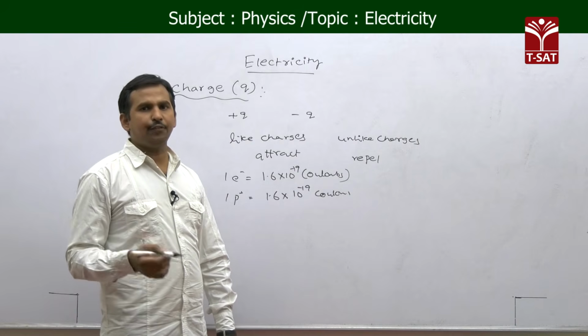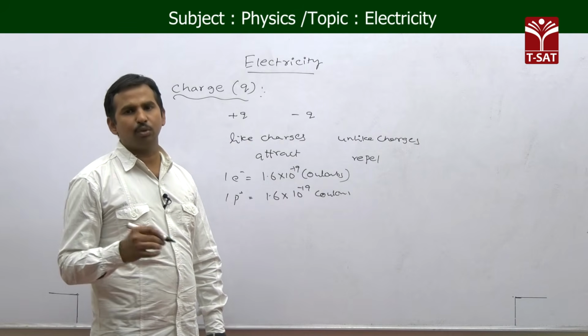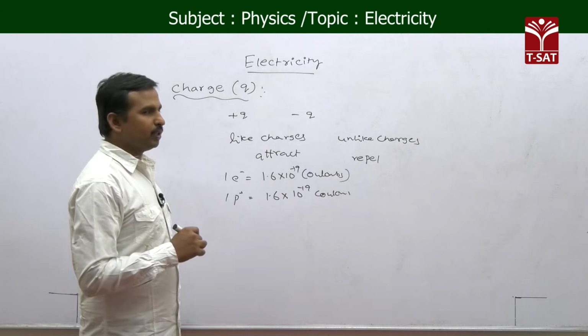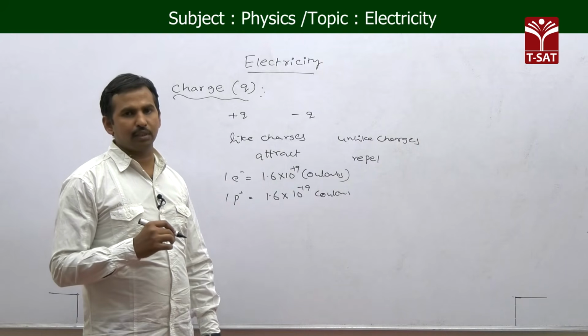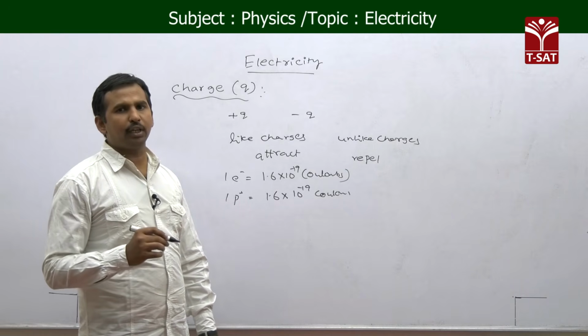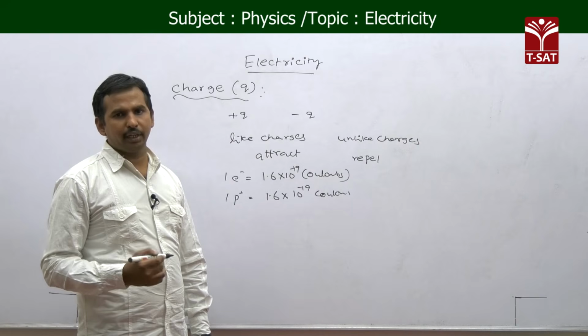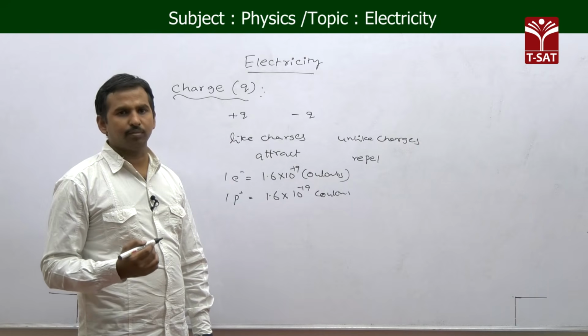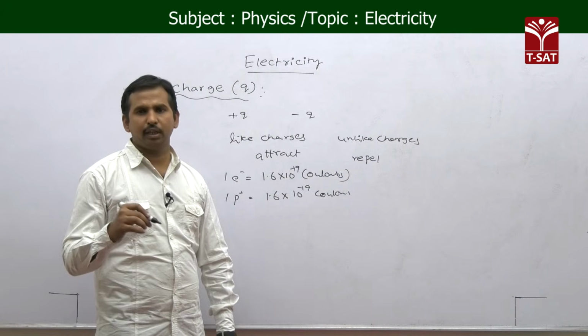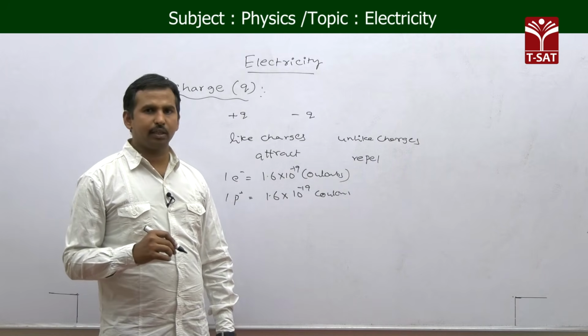If they do not allow charges to pass through, they are called electric insulators. The best examples of conductors are silver and copper. The best insulators are wood and rubber.